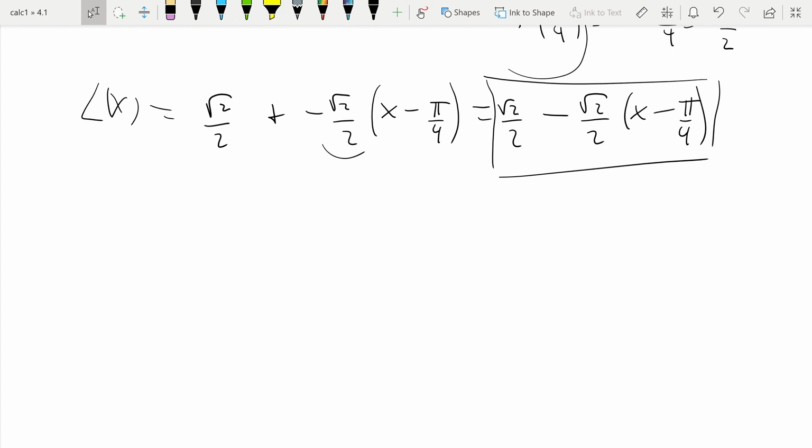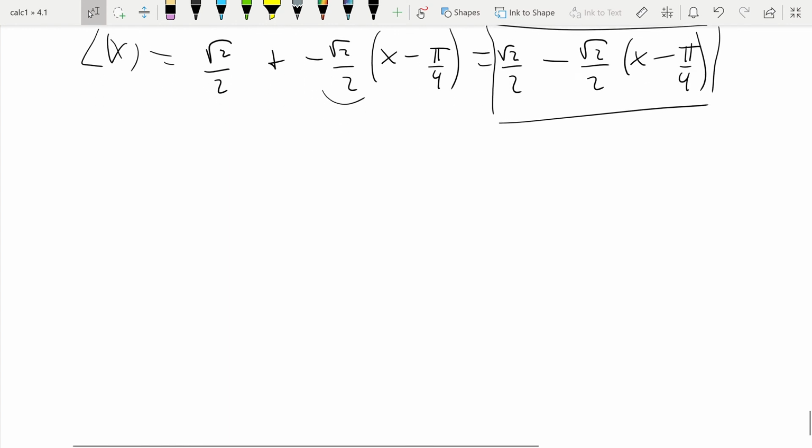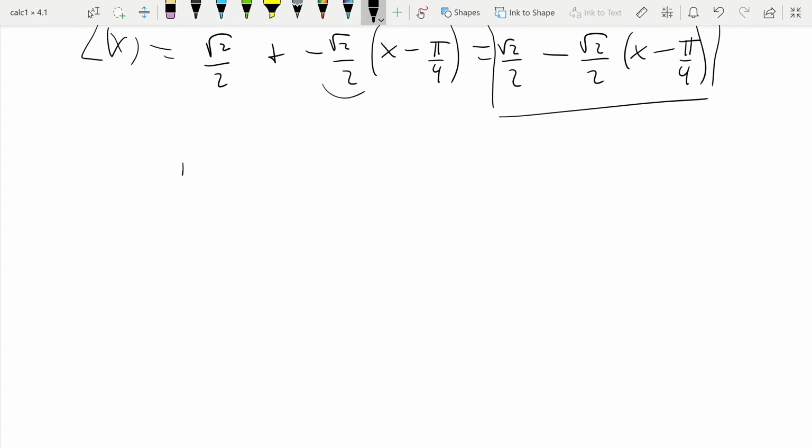So in general, when we're asked to use the linear approximation, they may also ask you another, related question.